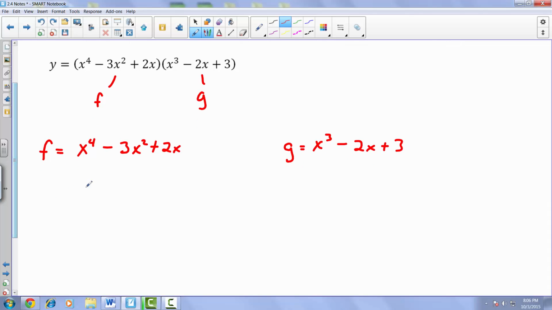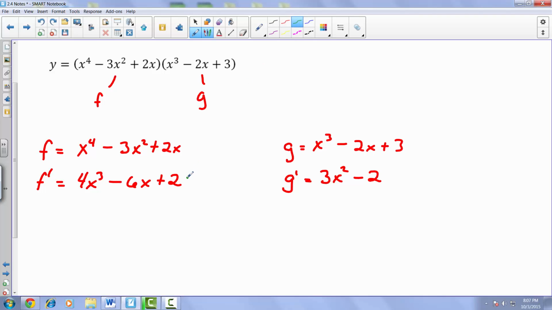Now just going ahead and taking the derivative of both sides, we end up with f prime is equal to 4x cubed minus 6x plus 2, just using, again, the power rule here. With g prime, it comes out to be 3x squared minus 2. This is a constant that would just drop out.